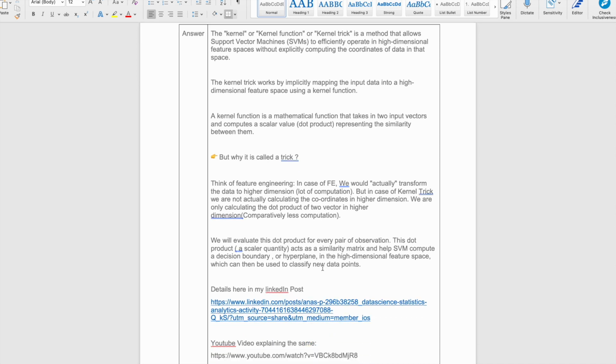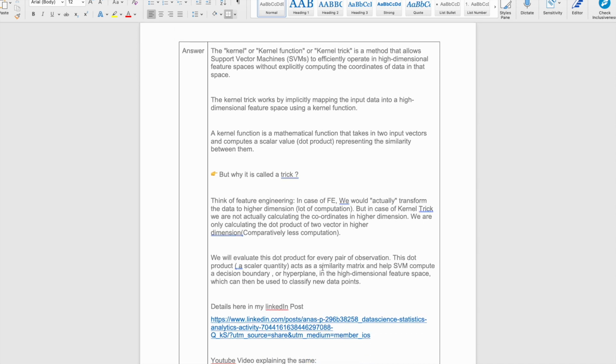Now, I have written it down over here, but essentially this is what a kernel trick is. And why are we doing it? Because transferring from here to here is a very computationally intensive task, or from x2 to x10 it's very computationally expensive.